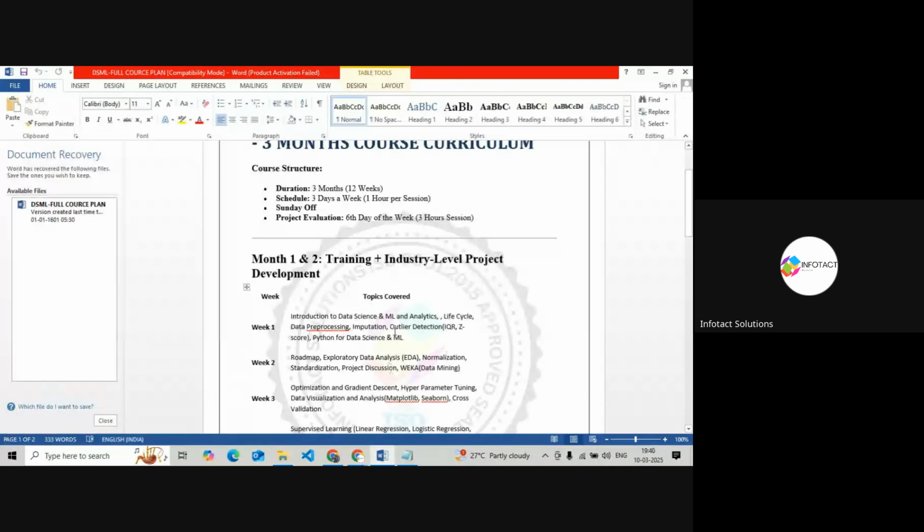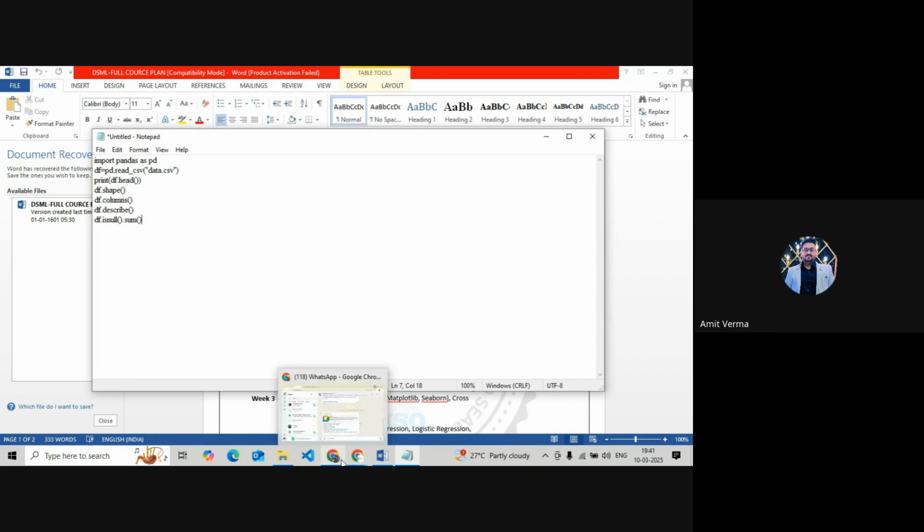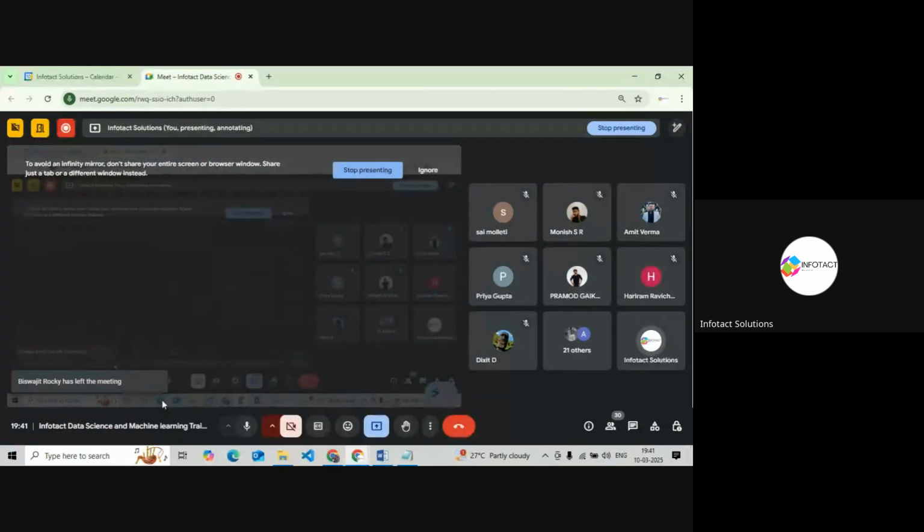Then tell me, if we find any missing values, what to do? I've discussed it with all of you. Sir, we will use imputation. Which imputation?